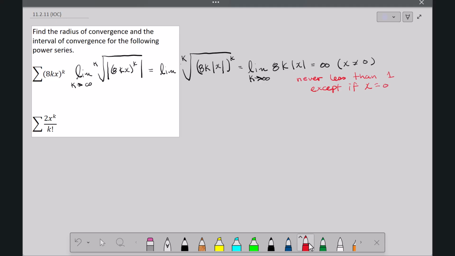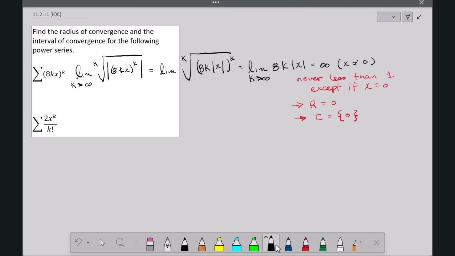So therefore, our radius of convergence is 0. And the interval of convergence is nothing more than the center of the series. So this series is going to converge only for its center. Not super interesting. So that's one of the edge cases.